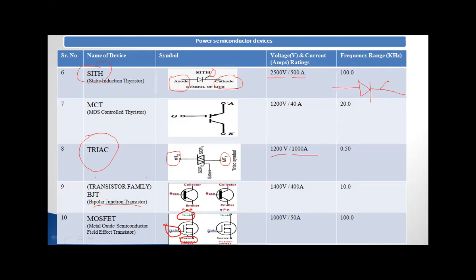In the case of BJT, they are base, emitter, collector, but in the case of MOSFET, gate, drain, source. The voltage and current ratings are 1000 volts, 50 amperes, and the frequency is 100 kilohertz. The frequency range is high, so we can call the MOSFET a high frequency device.